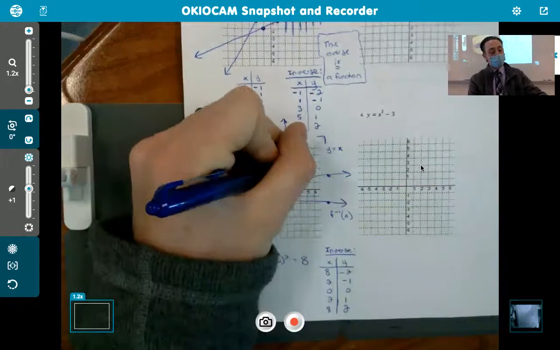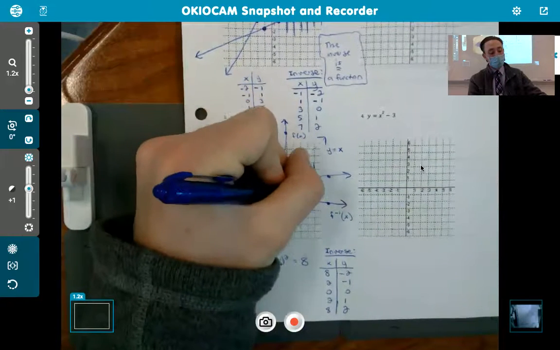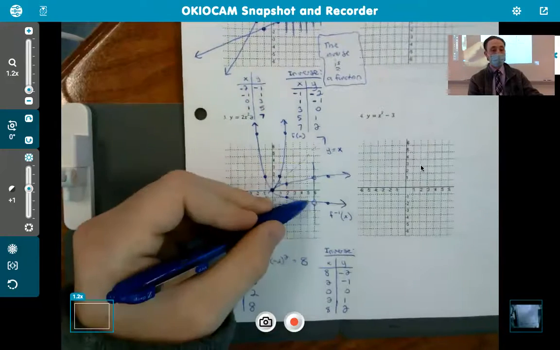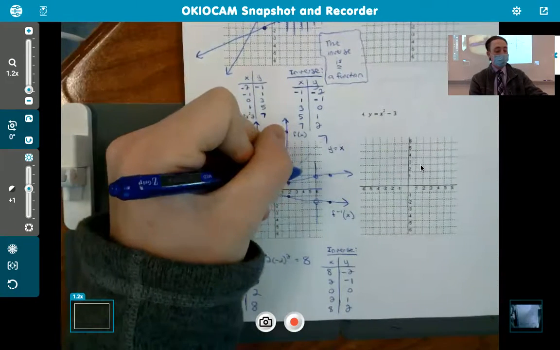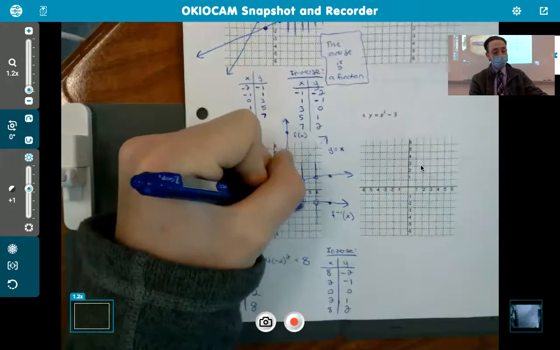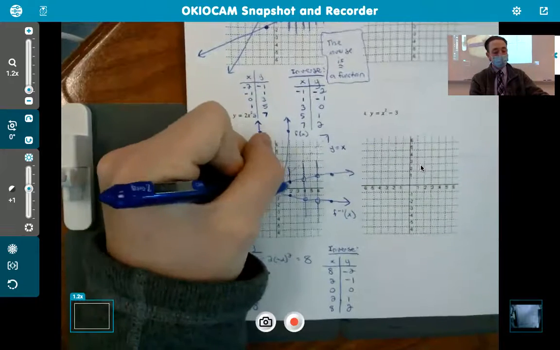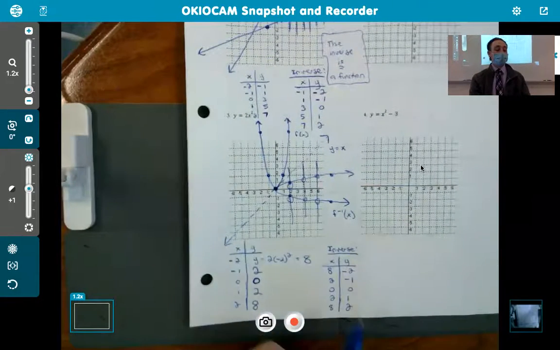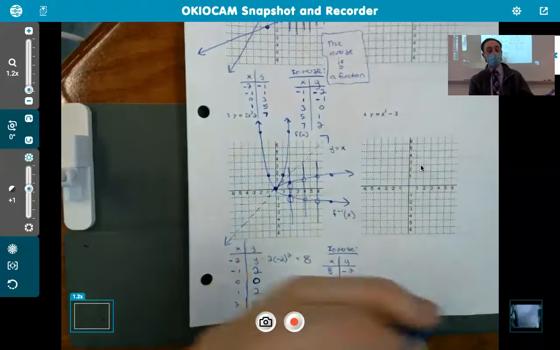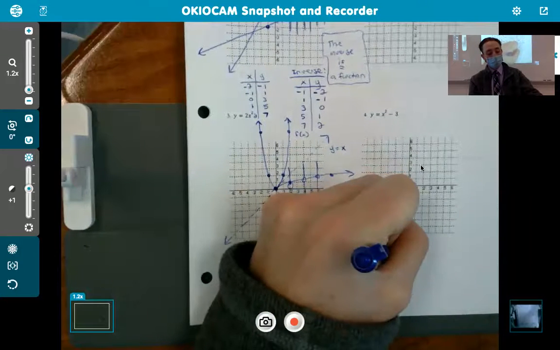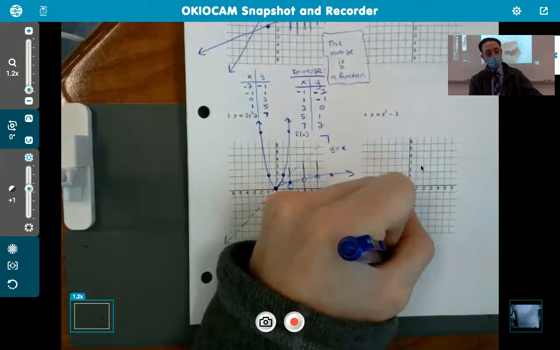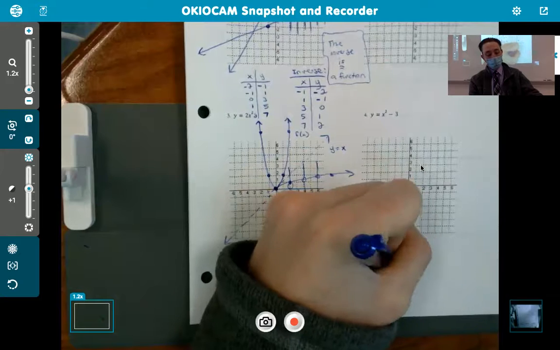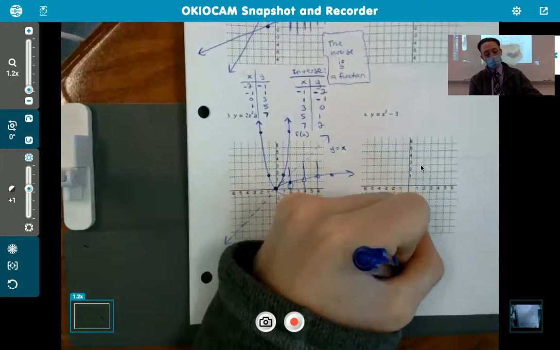Because any point here, notice if I draw a vertical line, I'm intersecting that parabola twice, that sideways parabola. It's happening multiple times. So this fails the vertical line test. So then what we would say in conclusion is that the inverse is not a function.